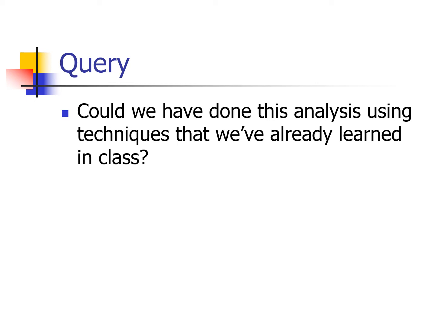So before we talk about how to dig deeper, my question to you is, could we have done this analysis using techniques that we've already learned? And the answer should be yes, we can. How have we already learned to tackle a problem like this?